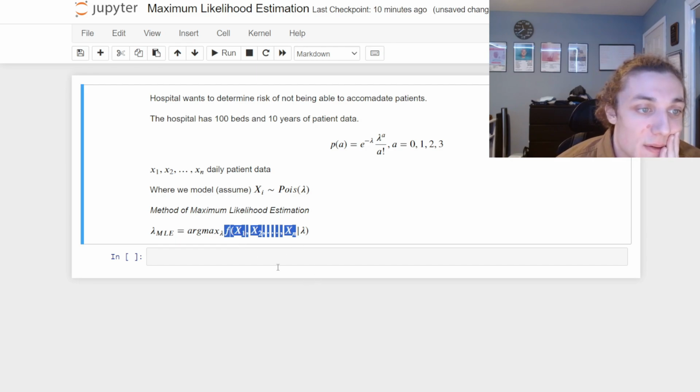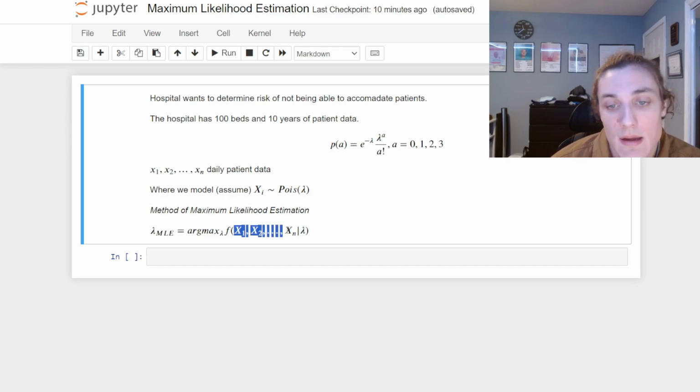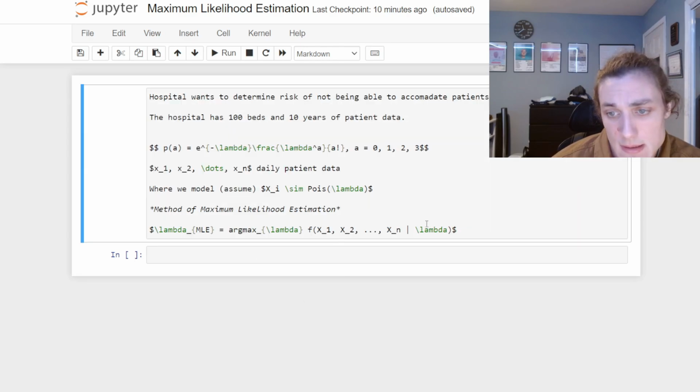Well, that's going to allow us to derive the parameter lambda, which yields the highest likelihood, highest probability. They're not necessarily equivalent, likelihood and probability, but for the sake of understanding the notion of maximum likelihood estimation, you could think of it like that. We want to maximize the probability of essentially seeing this data given a particular lambda, right? So we're going to find the lambda that would make drawing this random sample the highest probability possible.